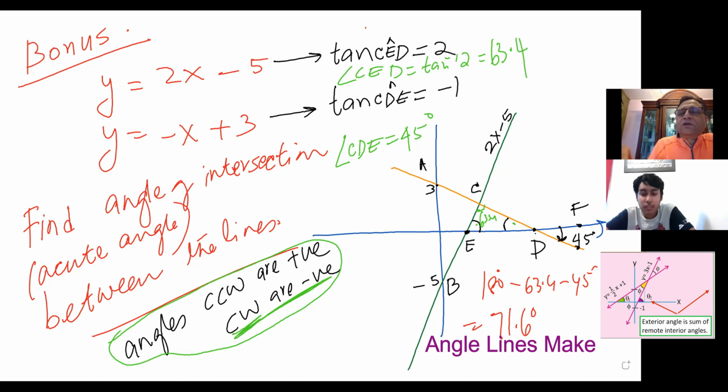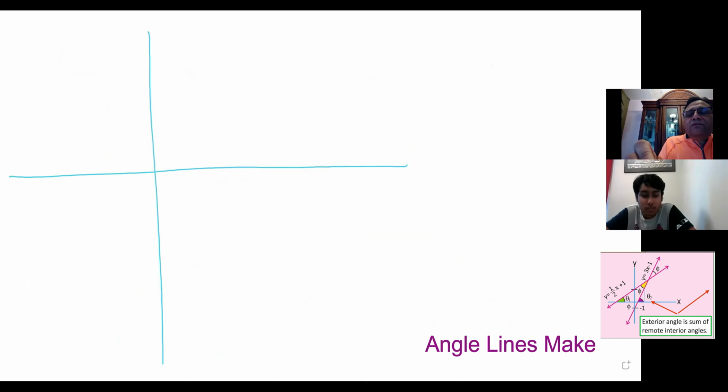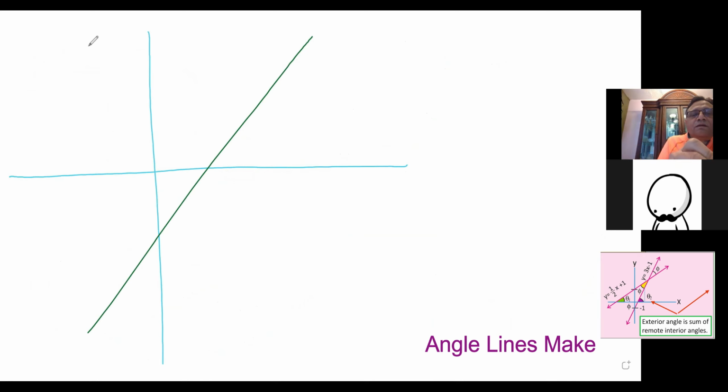So let us do it on a fresh page, just bigger, and then summarize our results. Is it okay? What we did was we actually drew two lines, correct? Given to us. And let us say that we had one line which was rising and the other line was dropping, like this, correct?